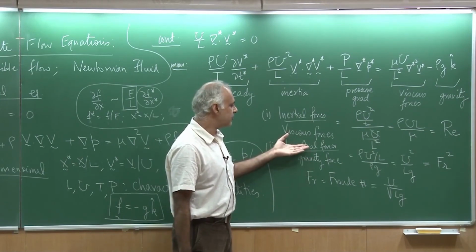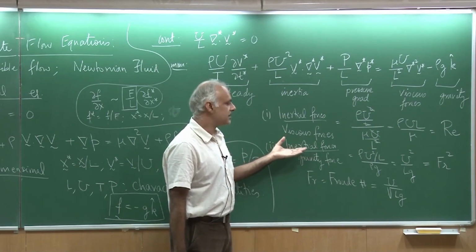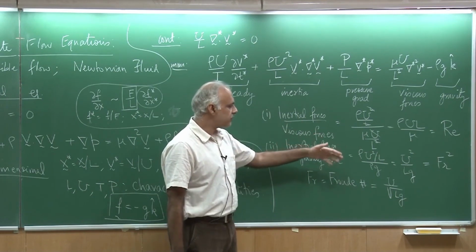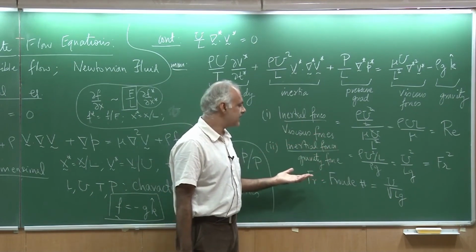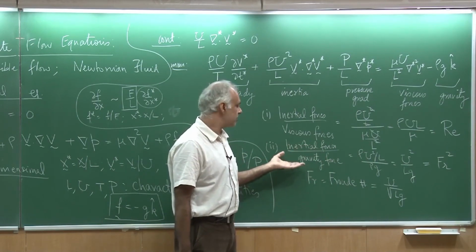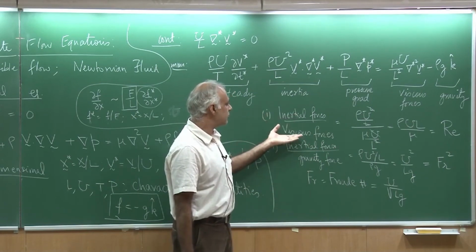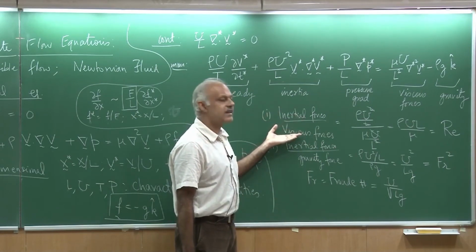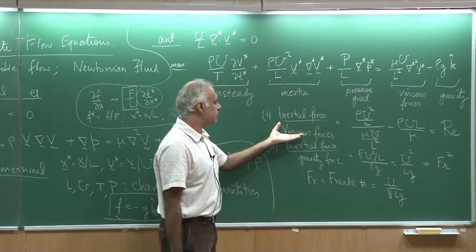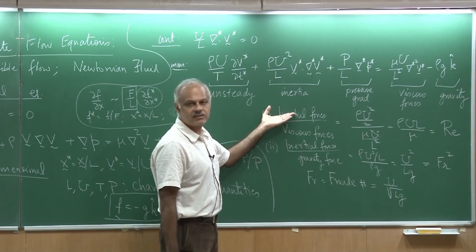On the other hand, if my Froude number is much larger than 1, then if I look at Froude square, that would be even larger, and that means I don't need to worry about the gravity force because inertial forces dominate. Same is true with the Reynolds number. If my Reynolds number is large, that means I could probably not worry so much about the viscous forces, the inertial forces dominate.